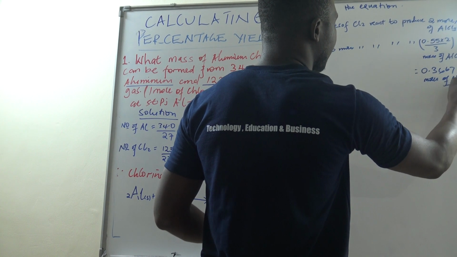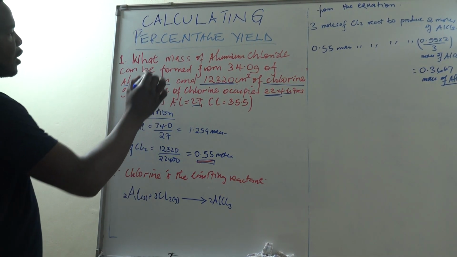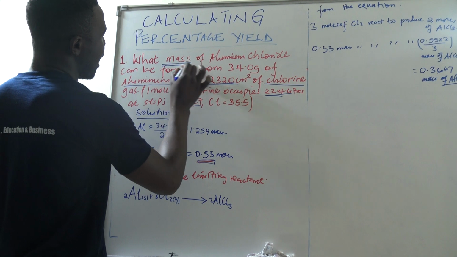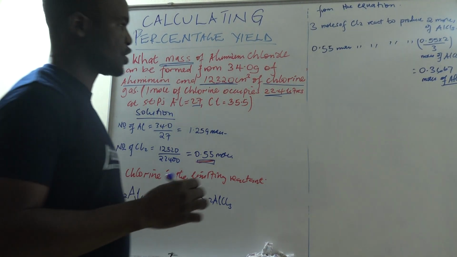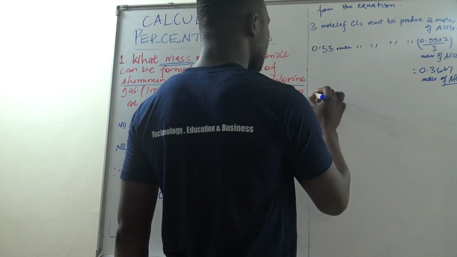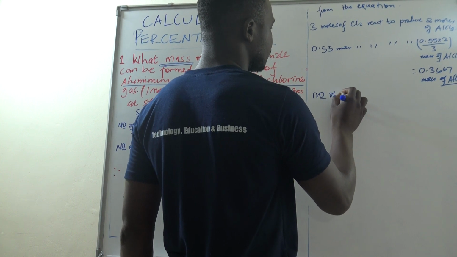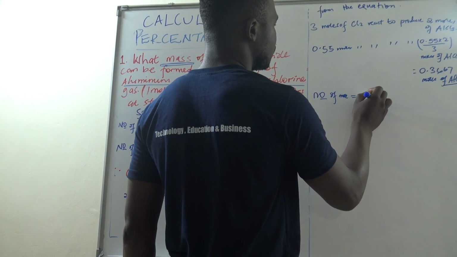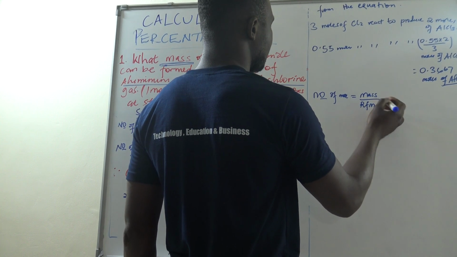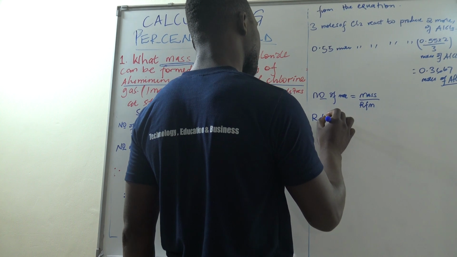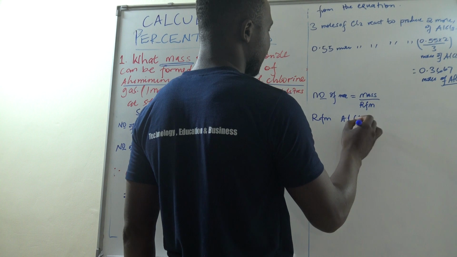aluminium chloride. Now, these are a number of moles, but our question asked for mass. We know the relationship between mass and number of moles. We know that number of moles is equal to mass over relative formula mass. So what is the relative formula mass of aluminium chloride?